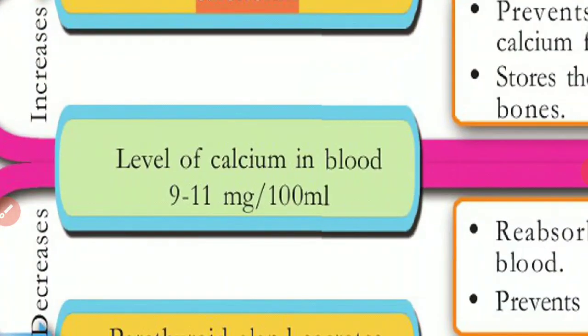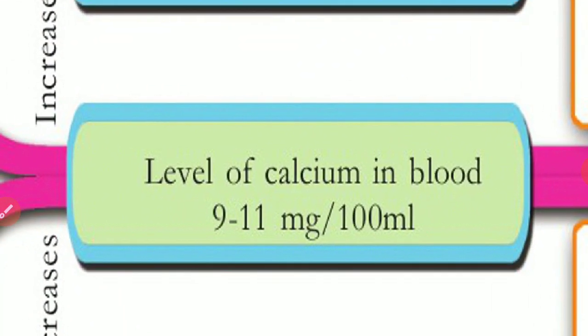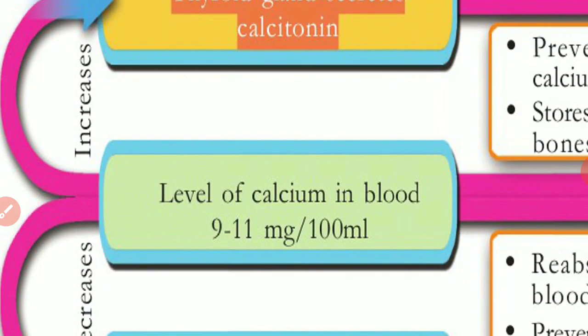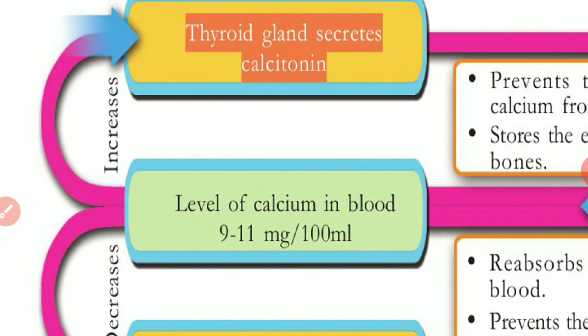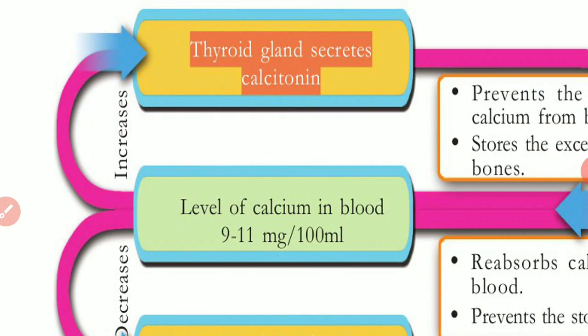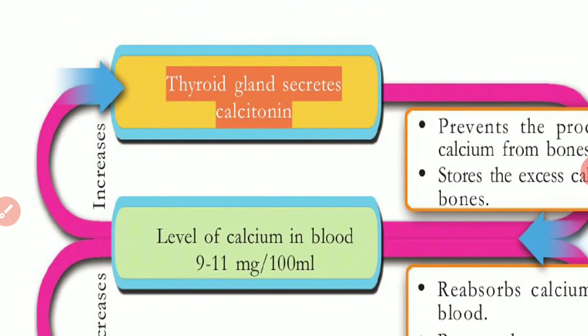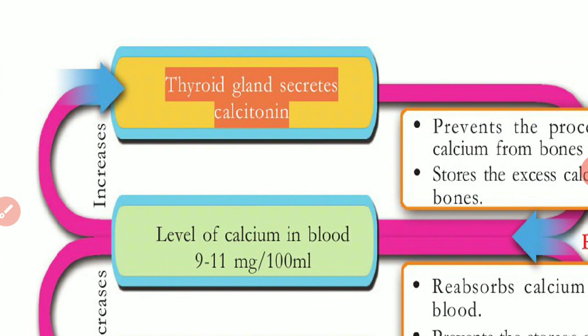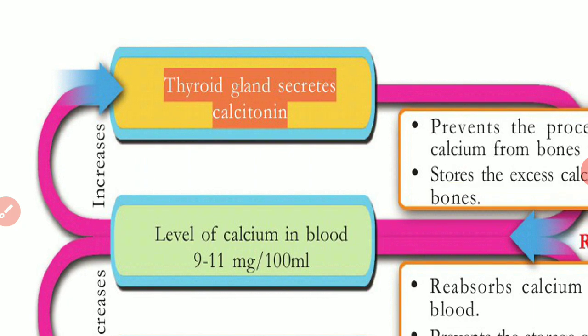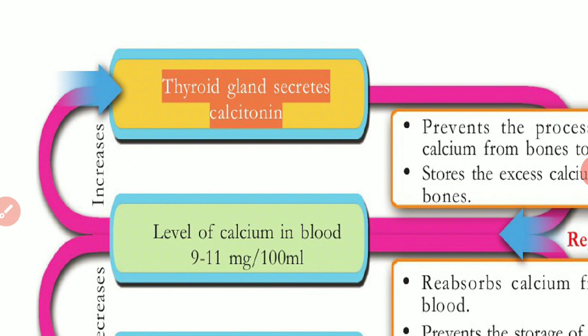When the level of calcium increases, meaning it goes above 11 mg, we have consumed more calcium, so there is more calcium in the blood. Naturally we get calcium through the food which we eat.